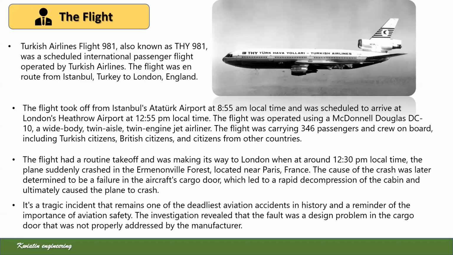It is a tragic incident that remains one of the deadliest aviation accidents in history and a reminder of the importance of aviation safety. The investigation revealed that the fault was a design problem in the cargo door that was not properly addressed by the manufacturer.